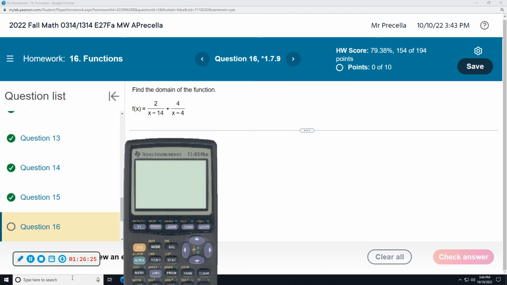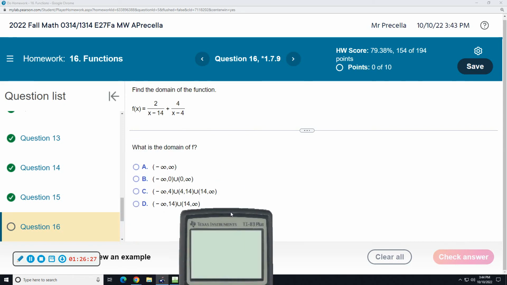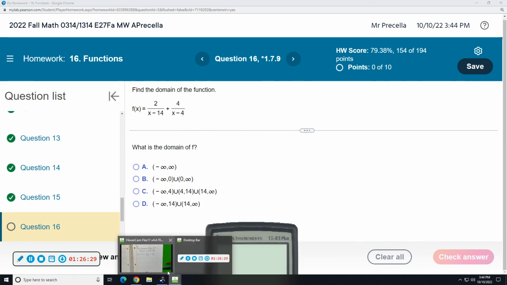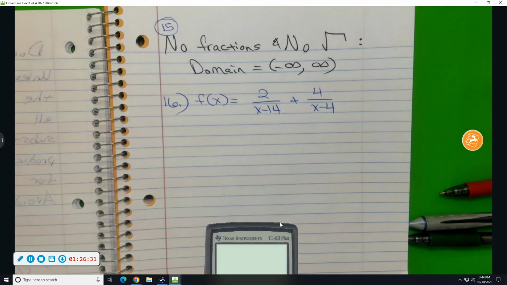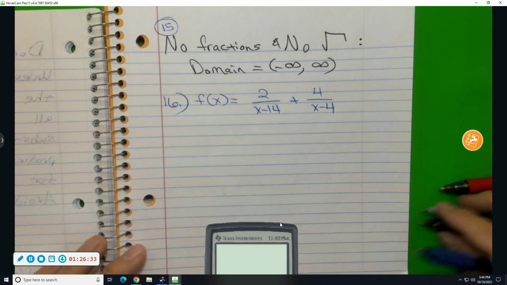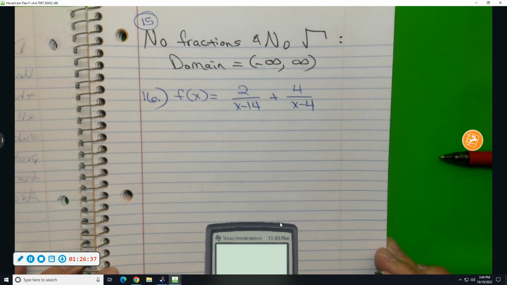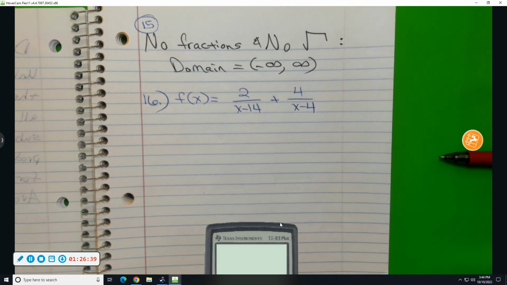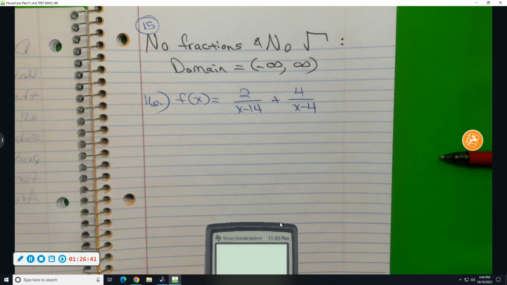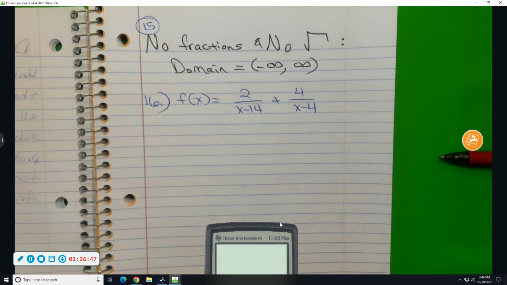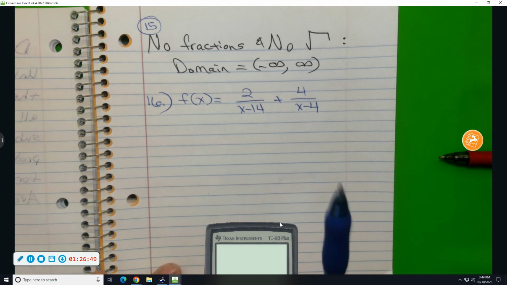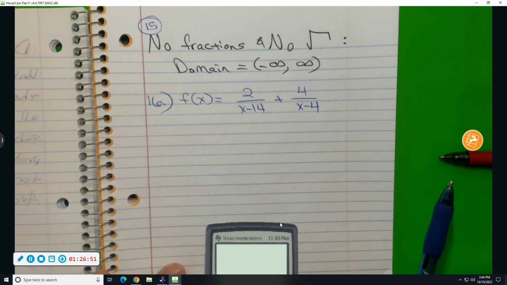Let me switch over. Trying to stop y'all from seeing me. Just out of curiosity, do you expect this function to create imaginary numbers? No, because there's no square root. Good, okay. Do you expect undefined results?